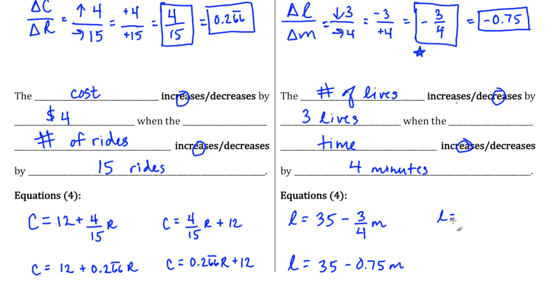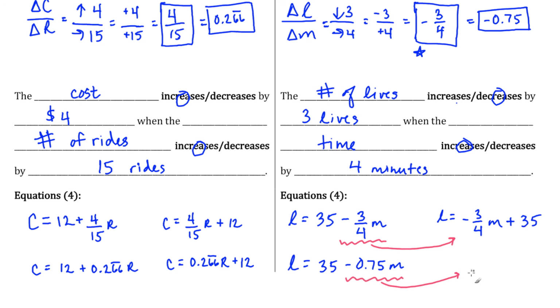The number of lives could also be written as follows. Remember that the negative goes with the fraction, or with that decimal and the m. So negative 3/4 m, and then that's a positive 35, so plus 35.